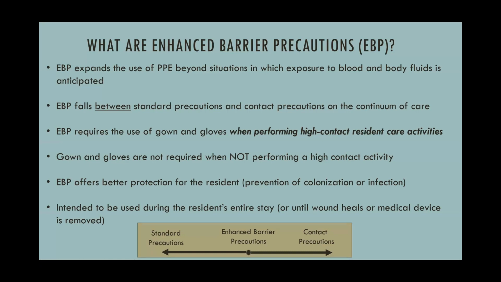EBP requires the use of gown and gloves when performing high contact resident care activities. Gowns and gloves are not required when you are not performing a high contact activity. EBP offers better protection for the resident, prevention of colonization or infection, and it's intended to be used during the resident's entire stay or until the wound heals or the medical device has been removed.